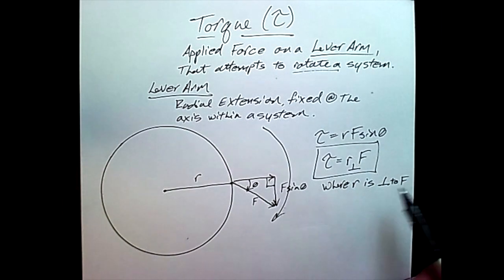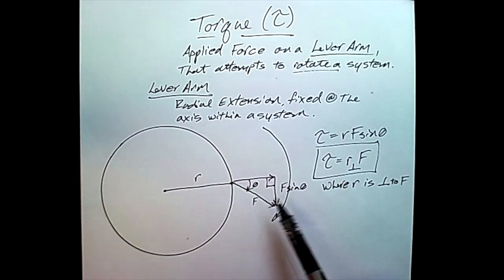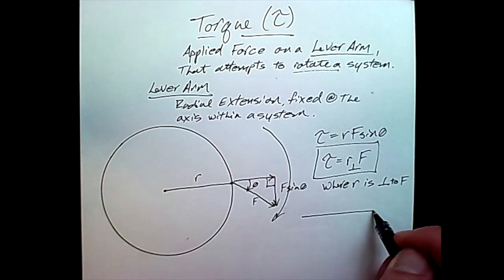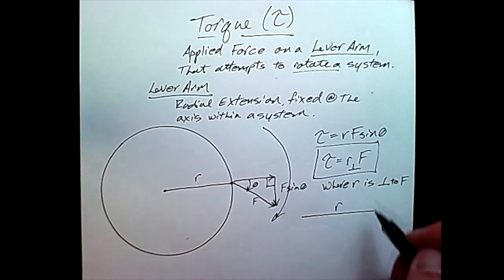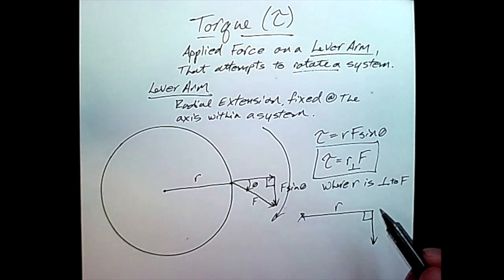If the force and the torque arm are not perpendicular, then not all of the force is creating a torque. And so we often have to identify that first. So if I were to redraw this radial arm, R, this force, right, perpendicular, is what generates the rotation around the system that would cause this to then turn in that fashion.